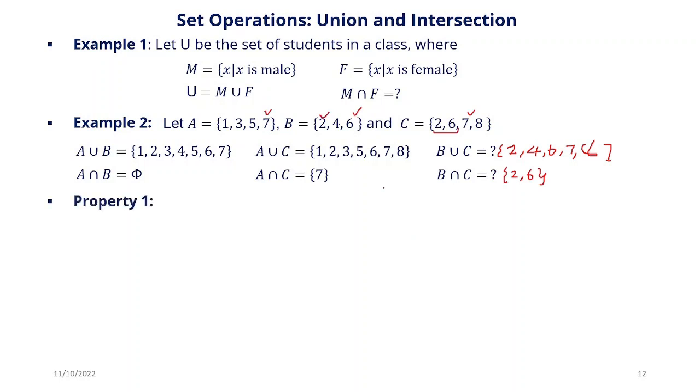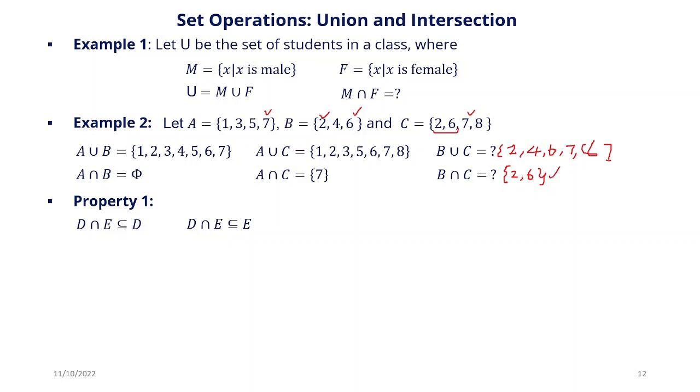Now let's look at some properties. If we have a set D intersecting E, whatever this intersection is, it is a subset of D. It is also a subset of E. Let's use B intersection C to do the analysis. If B and C intersect, these are the elements.